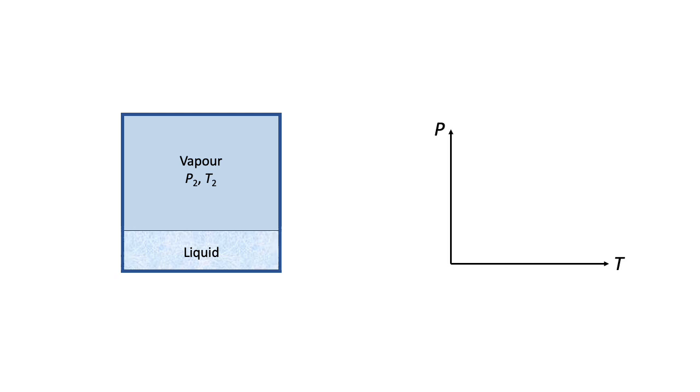We can represent this process on a PT diagram. We can mark state 1, which is at P1, T1, and we can mark state 2, which is at P2, T2. Both of these are equilibrium states. We could draw a line in between them, and this curve is the equilibrium curve.